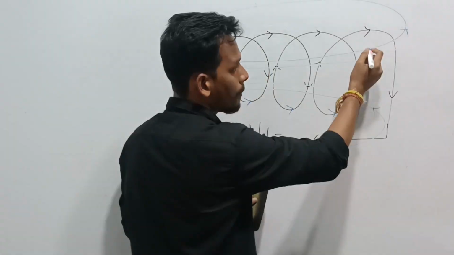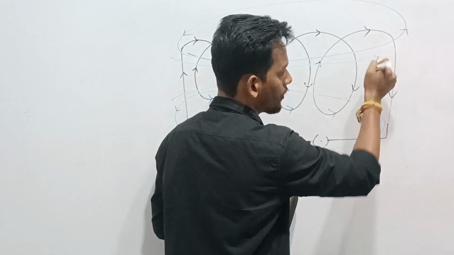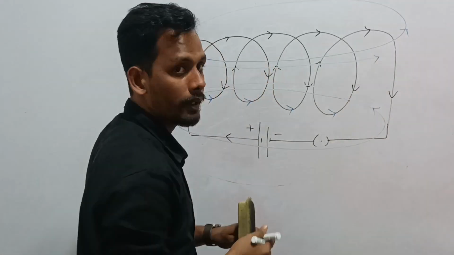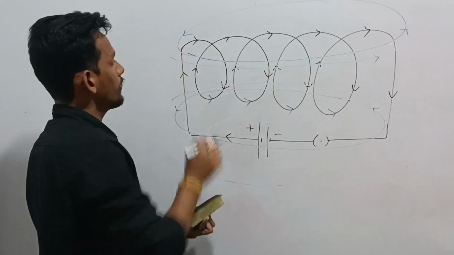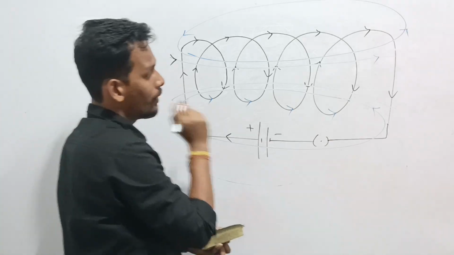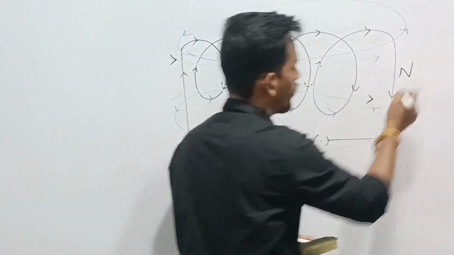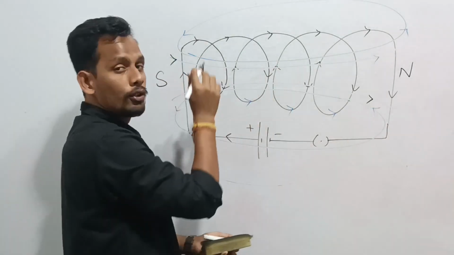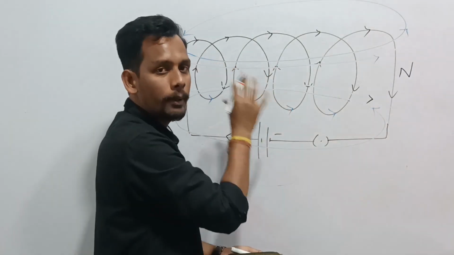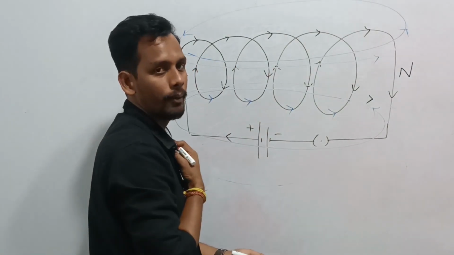So here the magnetic field arises from this side, these are the direction of the magnetic field, and ends at this pole. So now we can consider this pole will be north pole and this will be south pole. So the solenoid will also behave like a magnet.